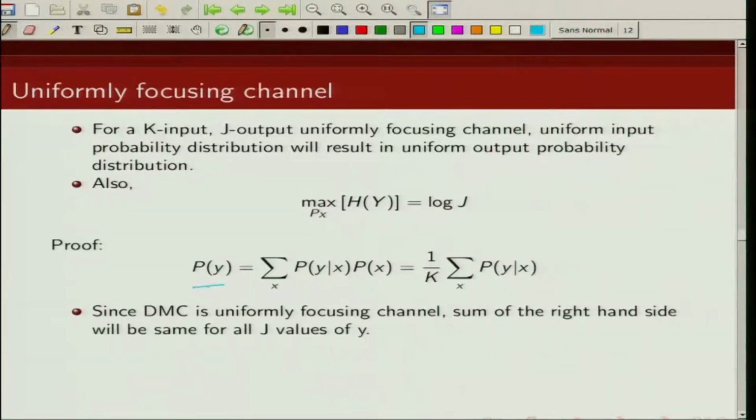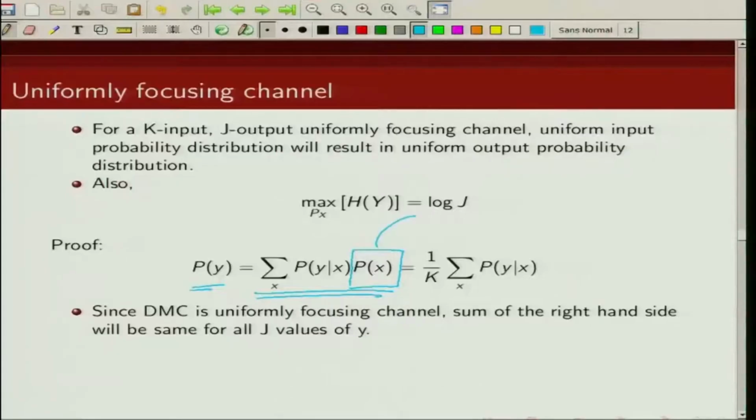So P(y) can be written in this particular way. Now, if we consider a uniform input distribution, since I have k inputs, P(x) will be 1 by k. If I plug this value of P(x) here, then P(y) becomes this.